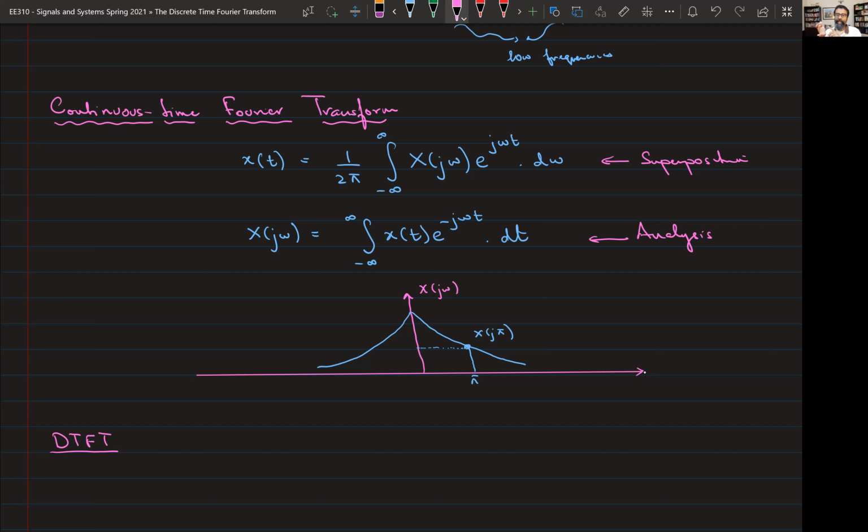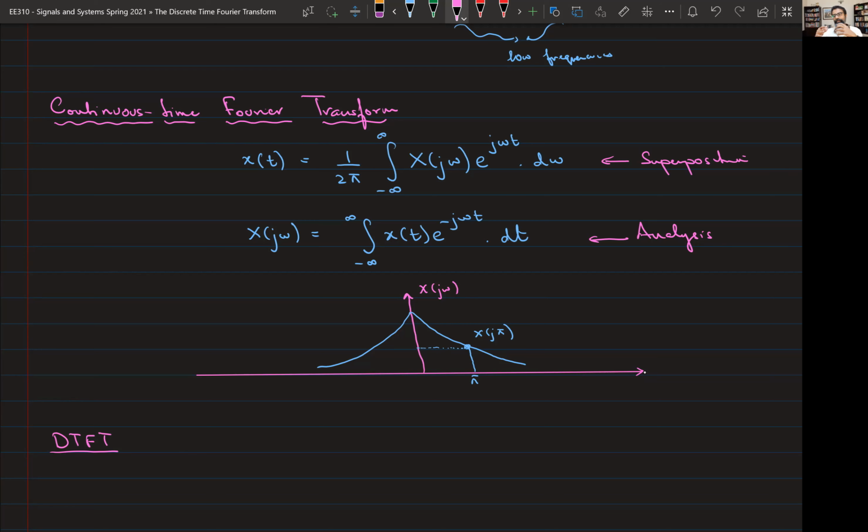However, since we're short on time, we only have a few lectures left, we are going to skip our discussions on discrete time Fourier series. So we're not going to go the DTFS route in deriving what the DTFT is.